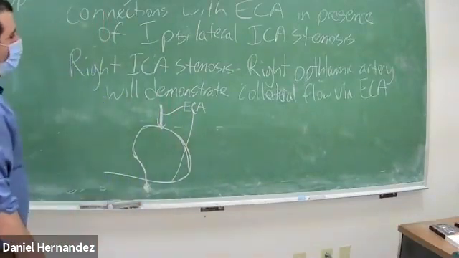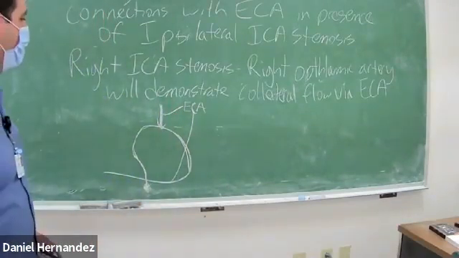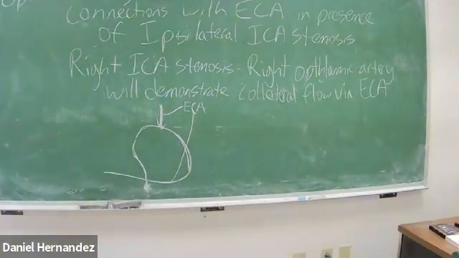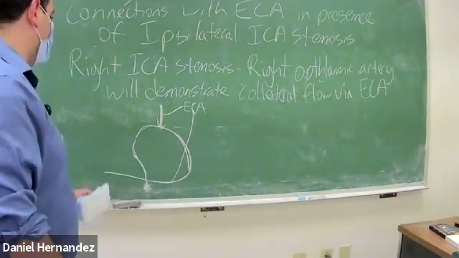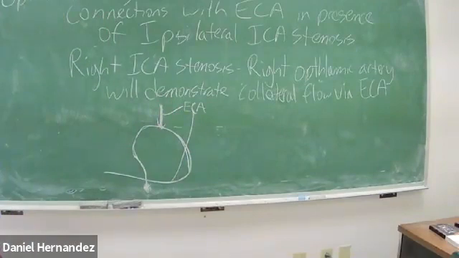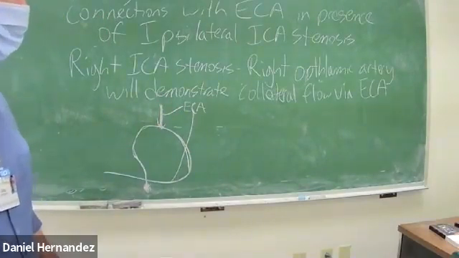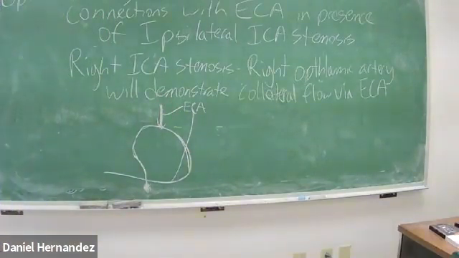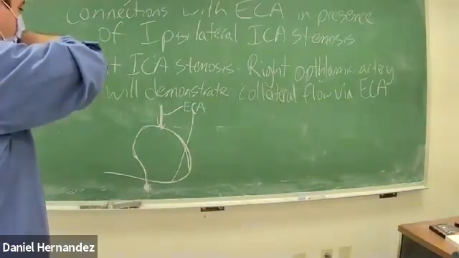The ophthalmic artery then connects to the ICA and provides a collateral channel for blood flow. That's one potential collateral channel which exists.